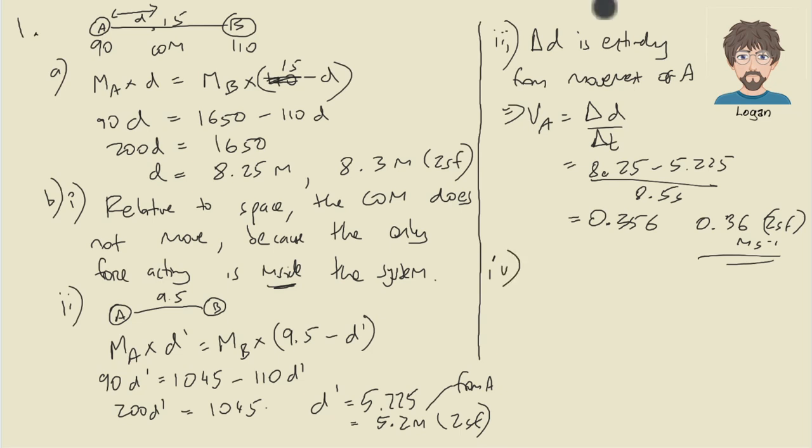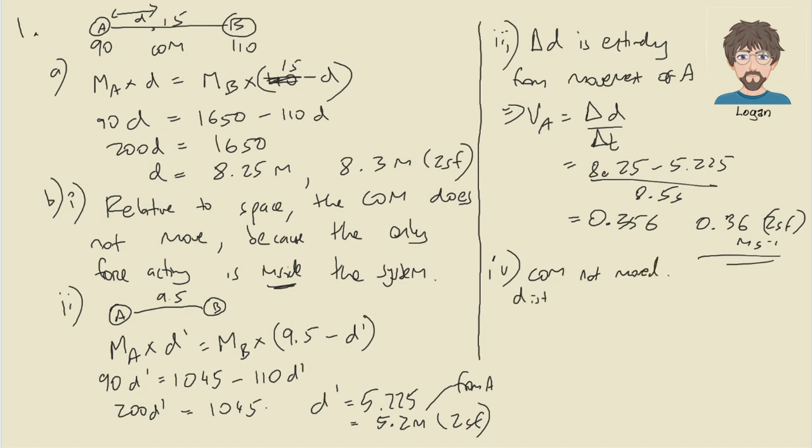And what about the velocity of B? Okay, we're going to do the same thing. Basically, what was B's position relative to the center of mass? In this case, the center of mass has not moved.